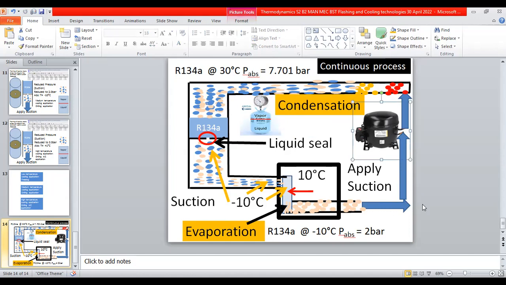Then here, this device, suction and compression.